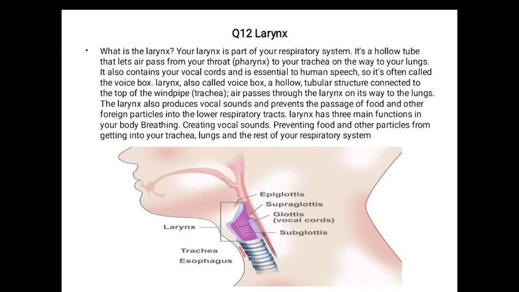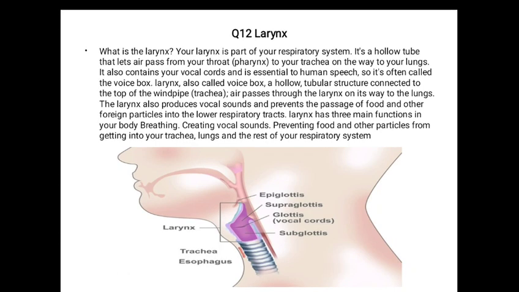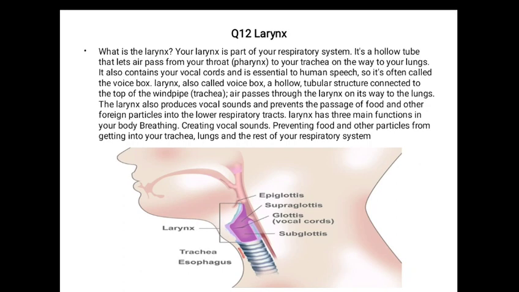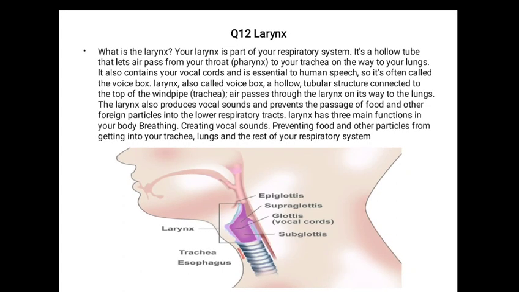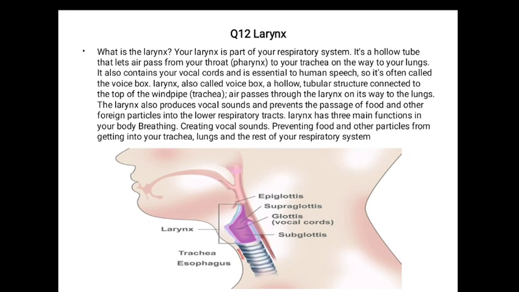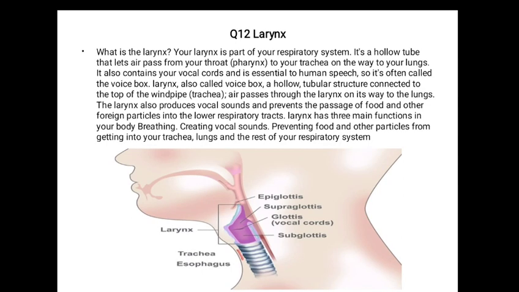Air passes through the larynx on its way to the lungs. The larynx also produces vocal sounds and prevents the passage of food and other foreign particles into the lower respiratory tract.